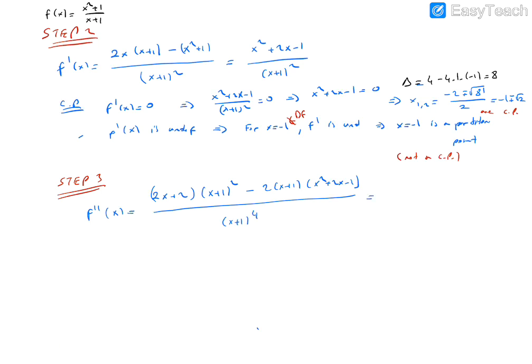So let's make some arrangements here. Actually this is x squared plus 2x plus 1. So 2x cubed plus 4x squared plus 2x plus 2x squared plus 4x plus 1.